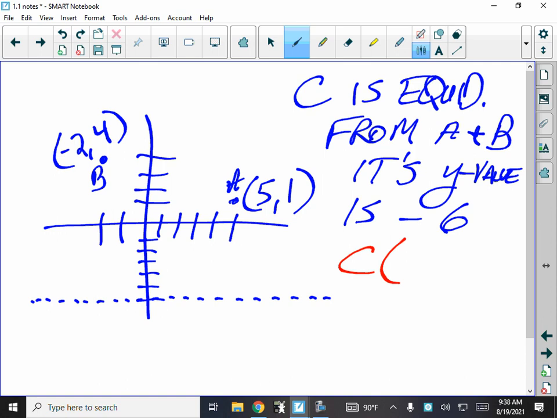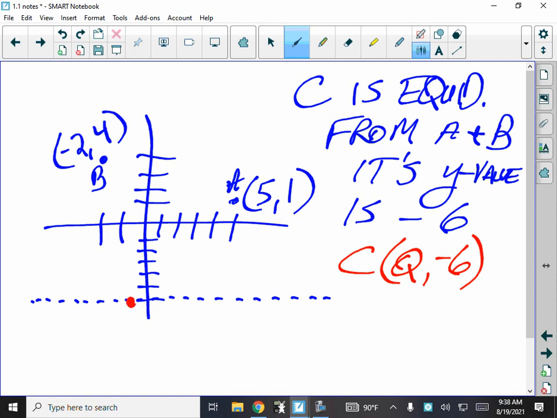I don't want to use X. C's cool, but then it's going to be something comma -6, but I don't know what the something is. Can we just use capital Q? Yeah, because that's easier. Okay, so Q, -6. So will we agree that I'm thinking that it's probably somewhere here?